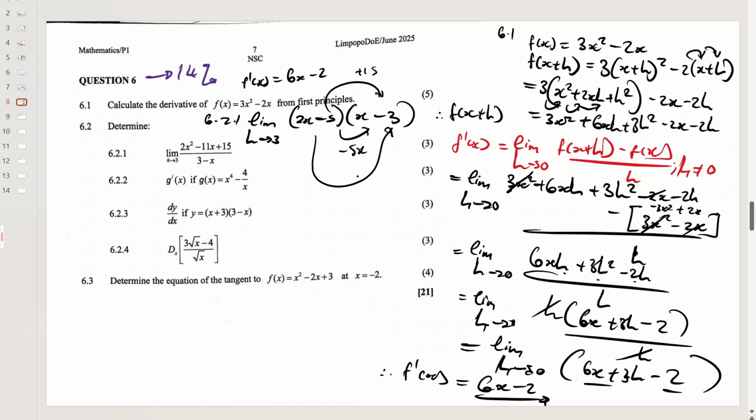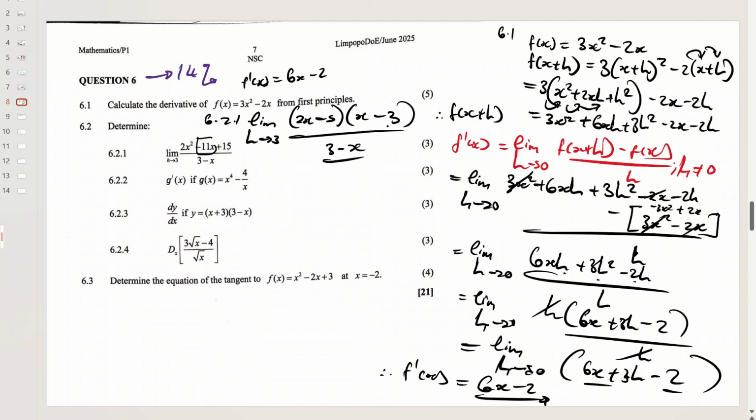And then this will give you what? A negative 6x. You sum these two, will give you what? A negative 11x. This one times this one will give you what? A 2x squared. So I hope you understand that. So now you have all over 3 minus x.